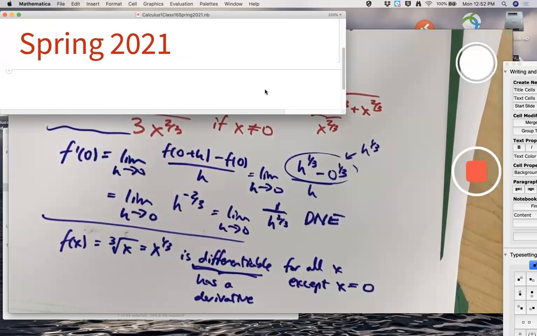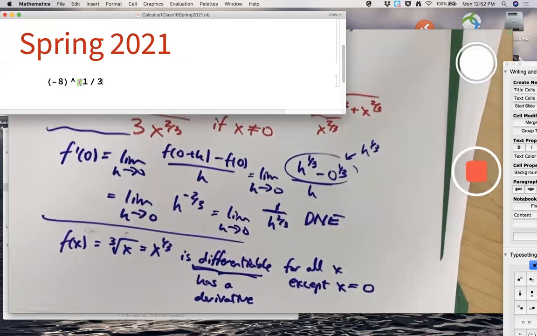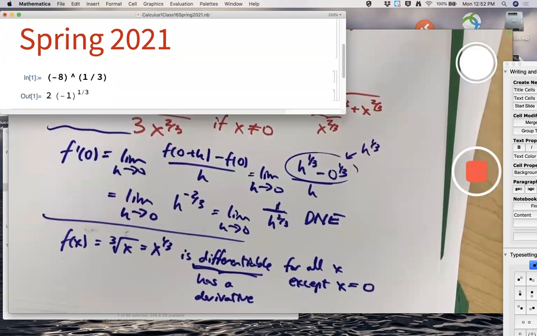And so, for example, if you type into Mathematica, what is -8 to the 1/3 power? If I recall correctly, I believe it does not give you an answer of -2, even though that is the real answer. The cube root of -8 as a real number is -2, because -2 cubed is -2 times -2 times -2 is -8. But I think this is going to actually give us a complex number, or maybe it just spits back the exact same thing I typed.